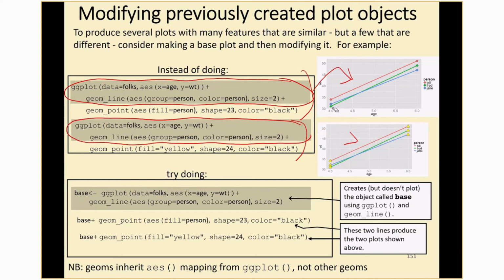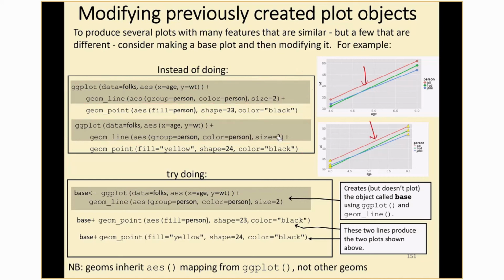If you look carefully at these plots, you can see that the line plots are identical. Where they differ is in the scatter plots. So here's geom point for the first one, and here's geom point for the second one. Here we've got fill by person. Here we've got the fill set equal to yellow. We can see that we've got very different plots.